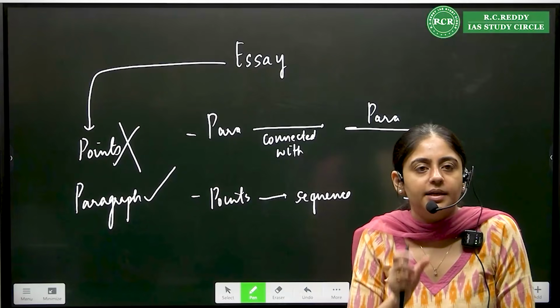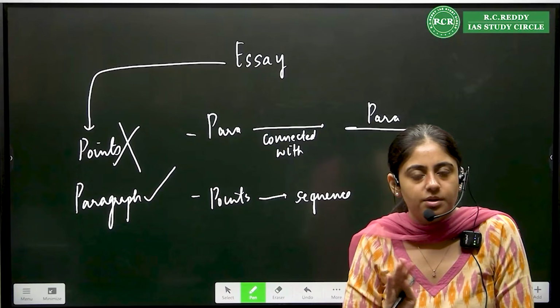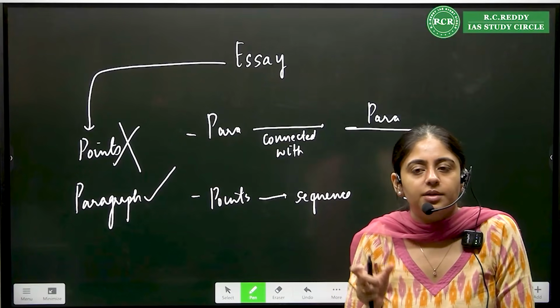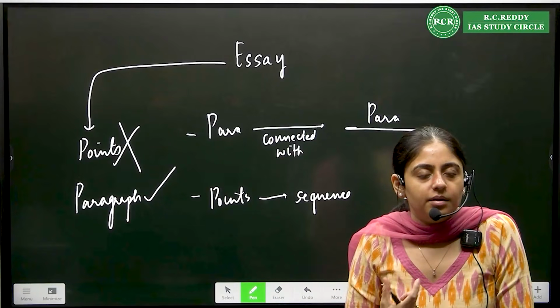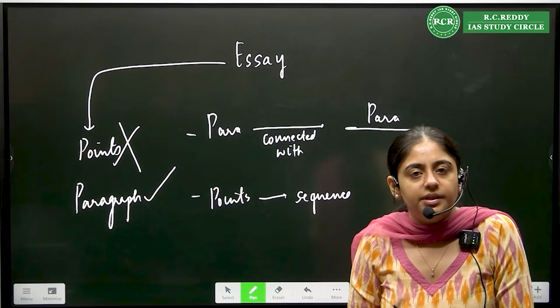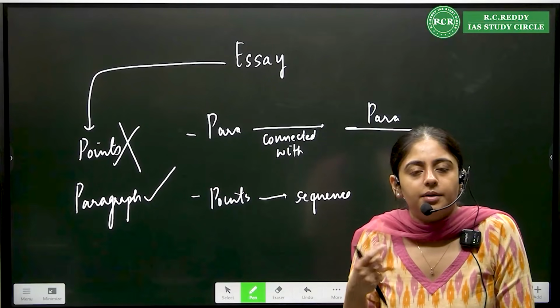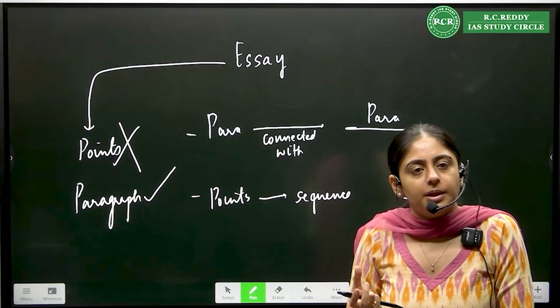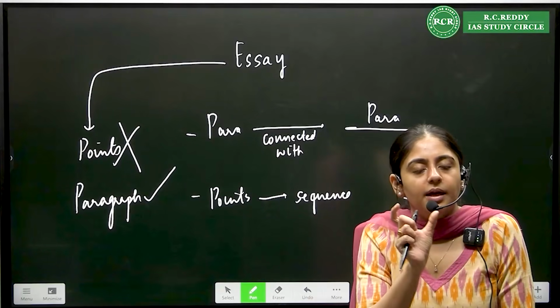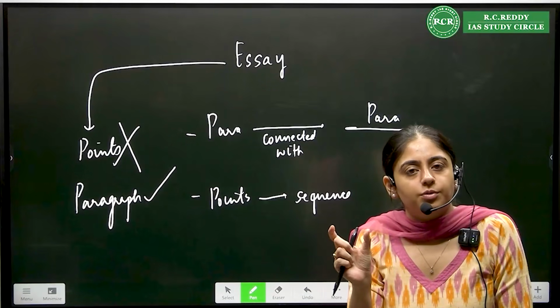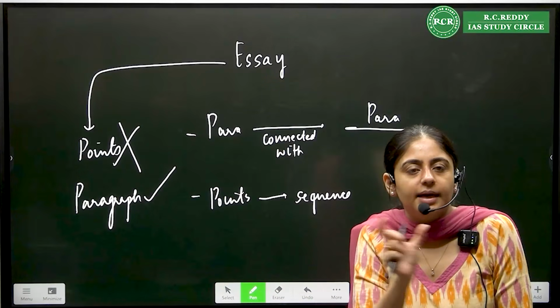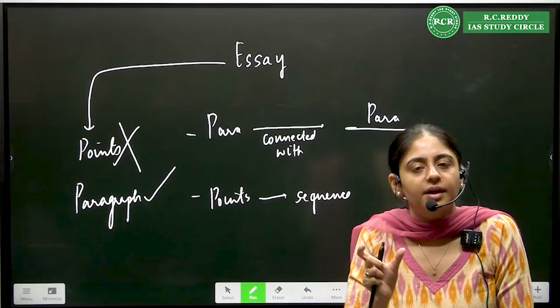And I'm not saying headings like advantage, disadvantage. Proper headings like, okay, you're writing about probably artificial intelligence, right? And you want to write down that there are advantages and disadvantages. Probably you can give a heading, AI, a double-edged sword. Like this, more creative headings you can write down.